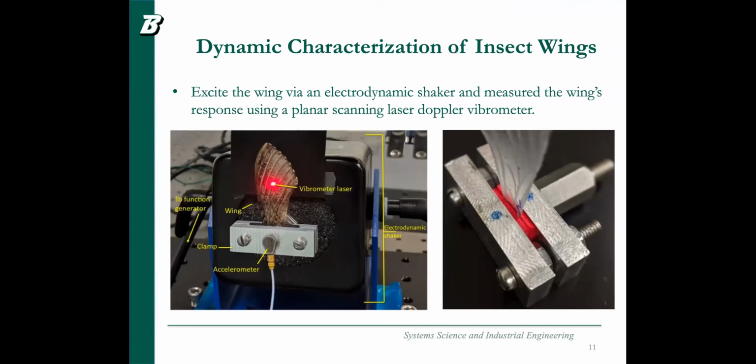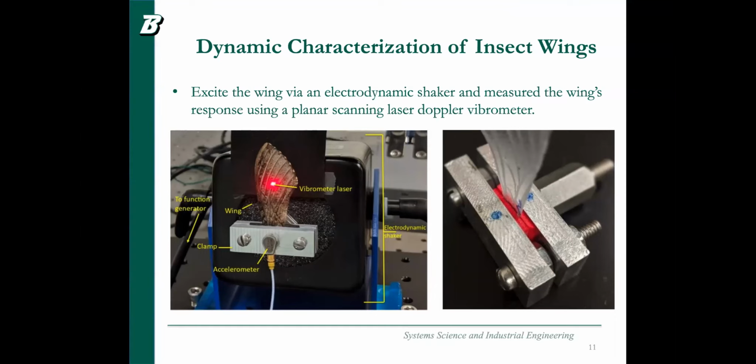Besides the morphological measurements, which are size, area, and weight, we also do dynamic characterization of the real wings. The experimental setup is shown at the left side.